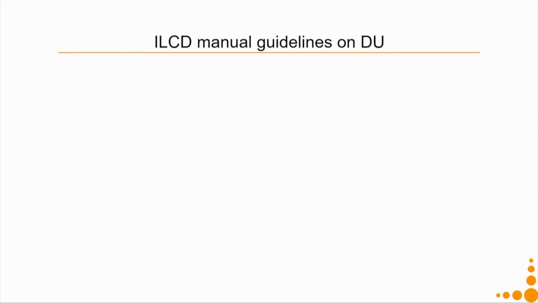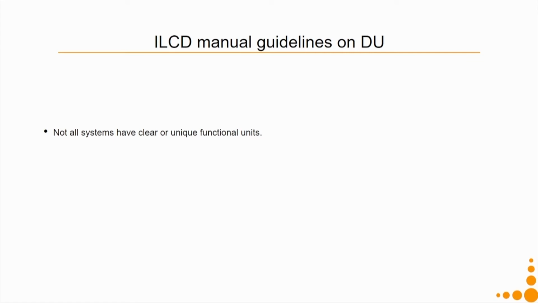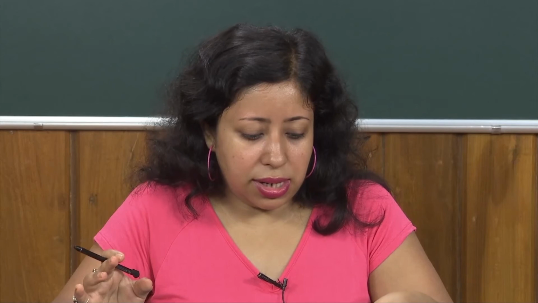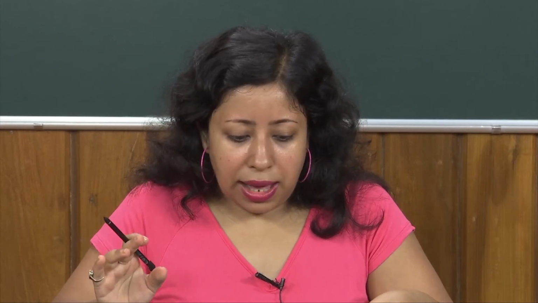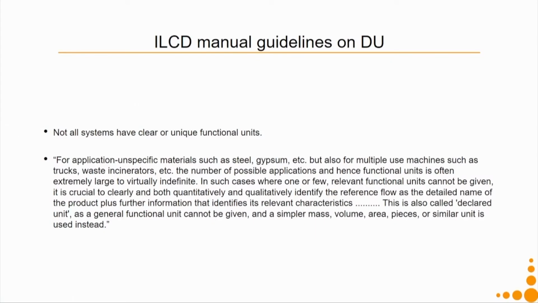So what the ILCD manual guidelines on DU say is, not all systems have clear or unique functional units, like the case of a sofa or say shoes, jewelry, especially services. They do not have a clear unique functional unit. The same goes for application-unspecific materials, for example steel, gypsum, etc., because they can be used in many different machines for many different applications.